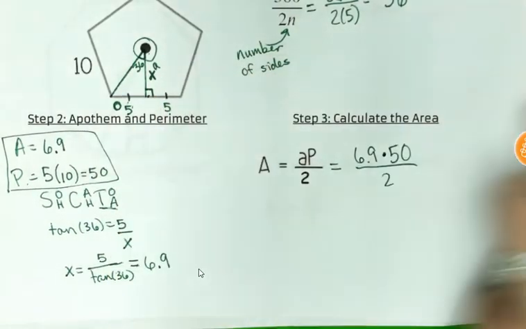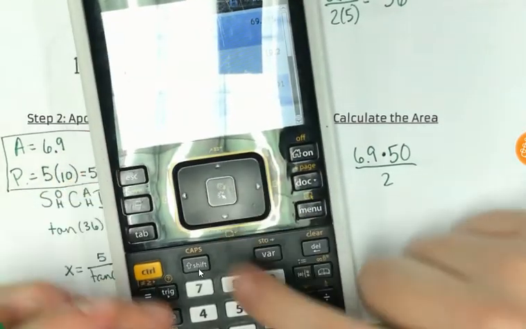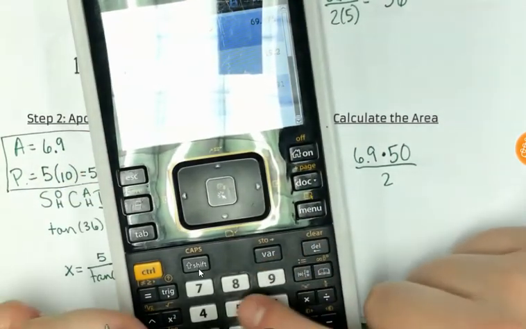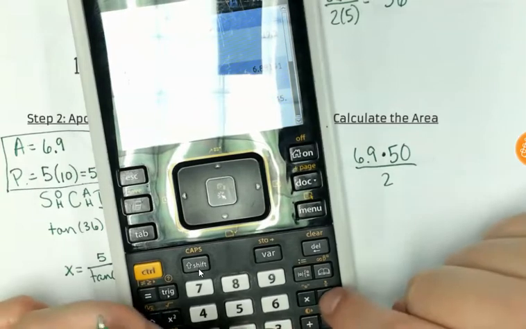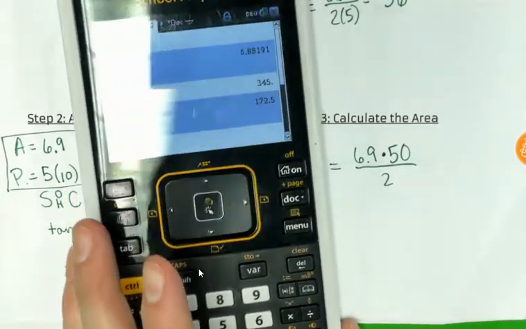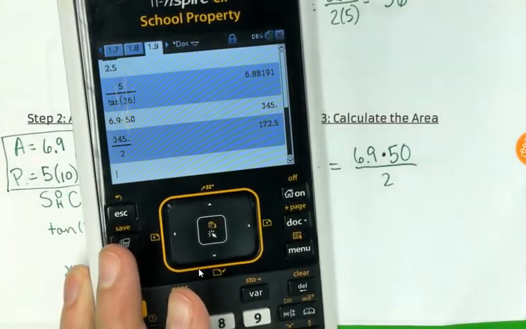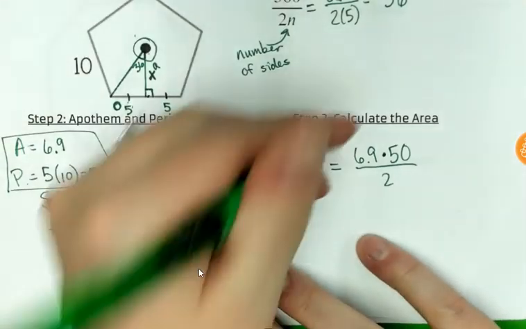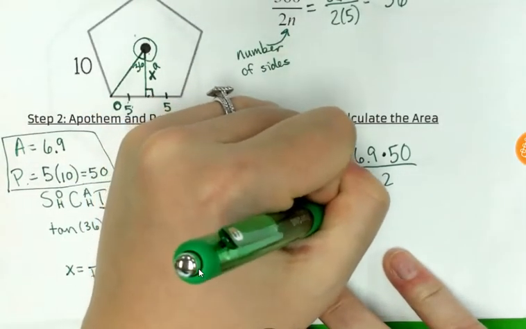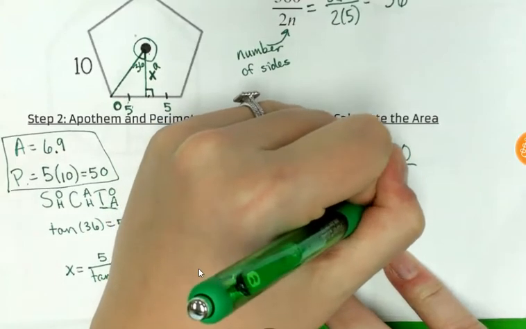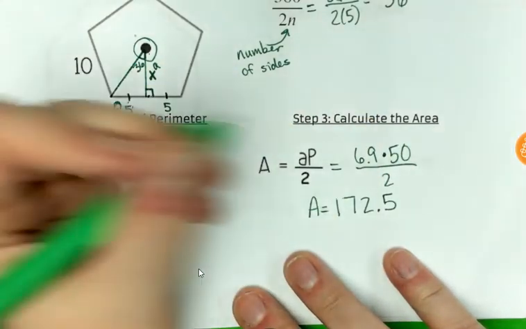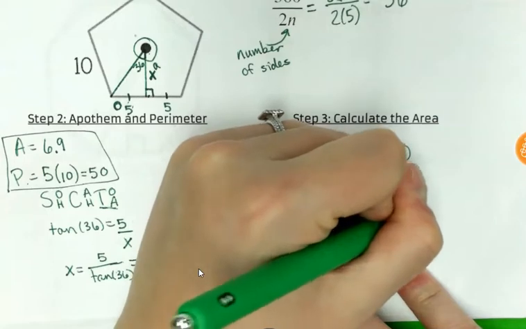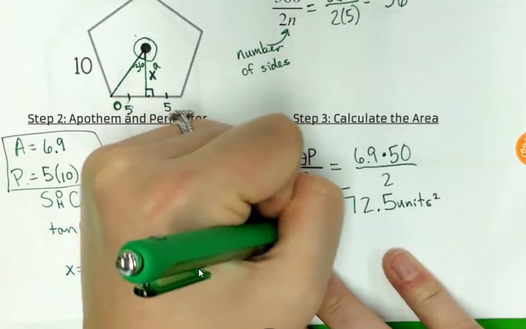And we divide all of that by 2. So 172.5 is what we get. There's no units on here, so I will just say units squared.